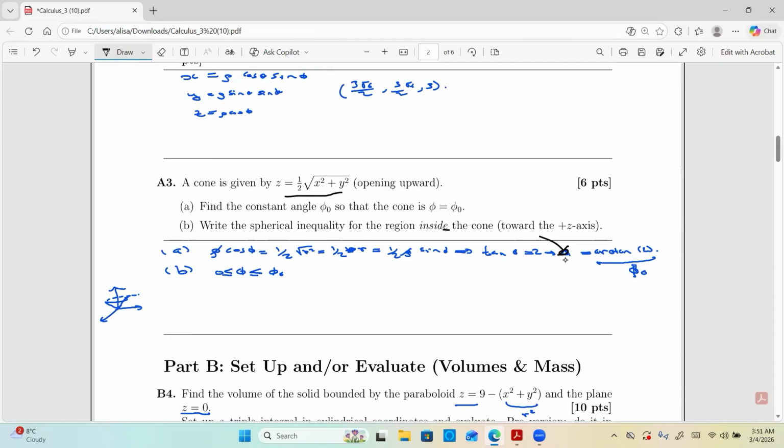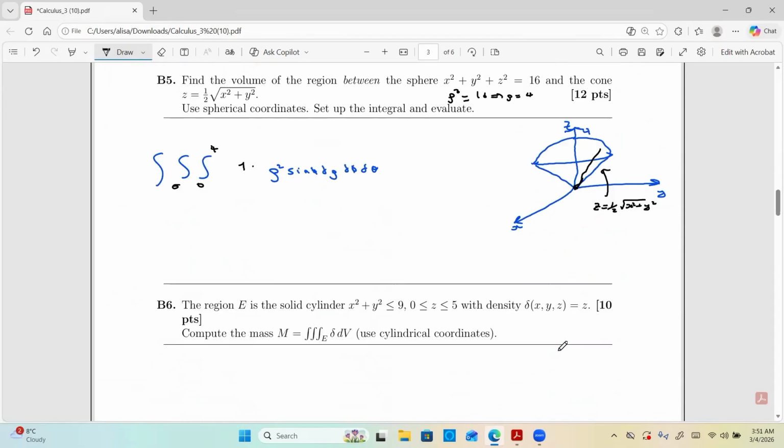So this is the conversion to spherical coordinates. So if we go back here, this equation is phi equals arctan of 2. And hence the angle here is going to be arctan of 2.